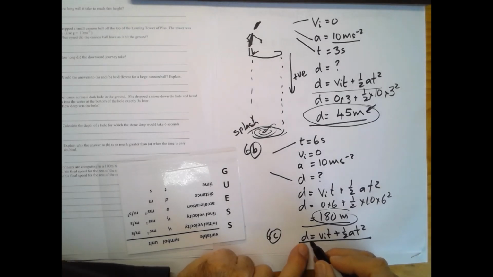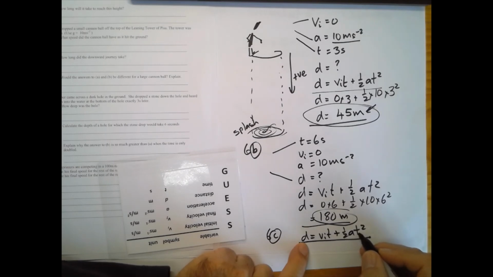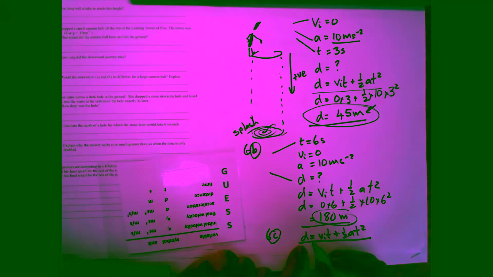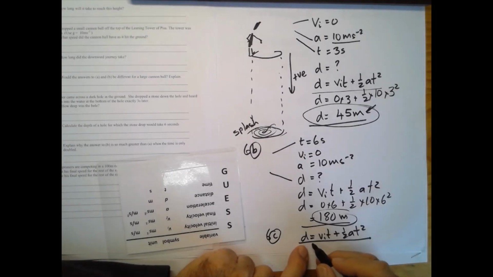If we treble the time, 3 times 3 is 9, the distance would be 9 times. So the answer is quite simply the distance covered is related to the square of the time. So when we double the time, the distance increases by a factor of 4.